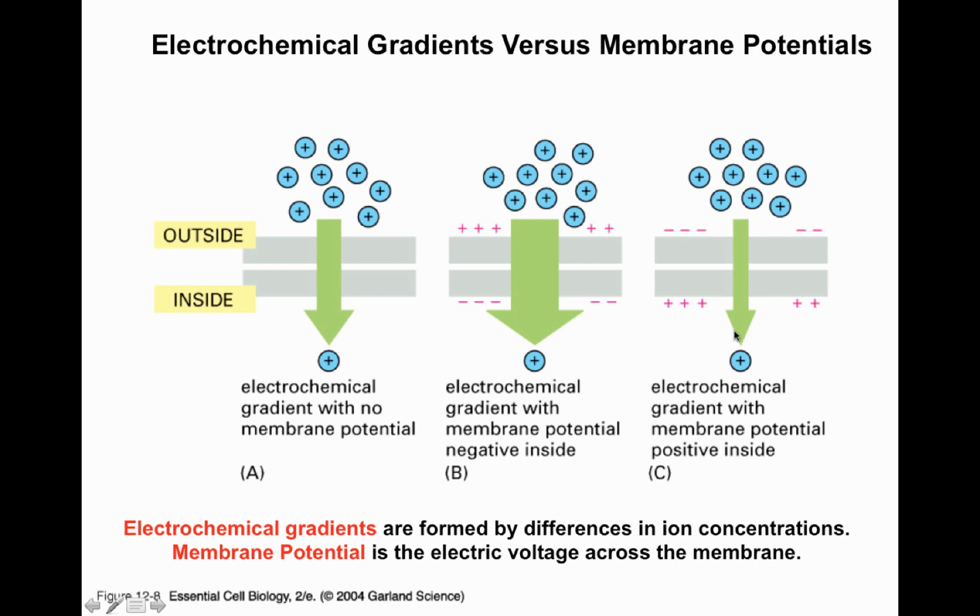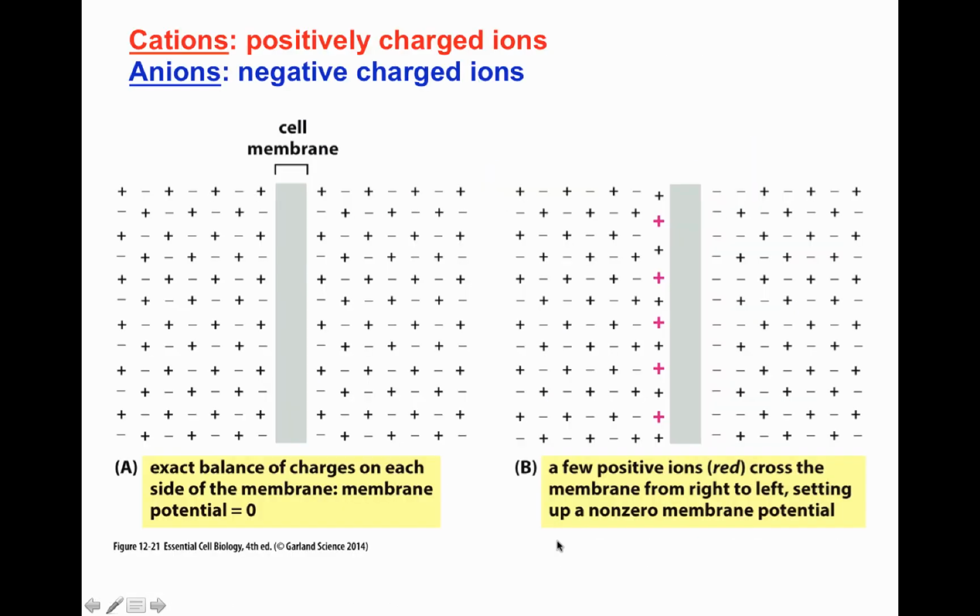But still, it's able to allow the movement of those ions across the membrane to the inside of the cell. So again, the electrochemical gradient is the combination of the membrane potential and the chemical gradient, and they are formed at different concentrations of ions. So remember that the membrane potential is a component of the electrochemical gradient, and that is the electrical voltage that you have across the membrane based on the concentration of ions that are present across the membrane.